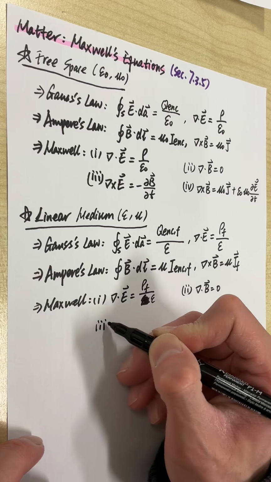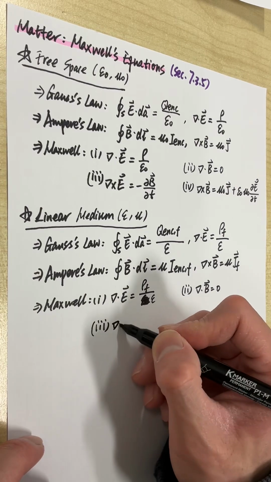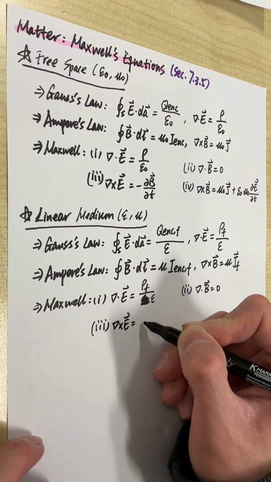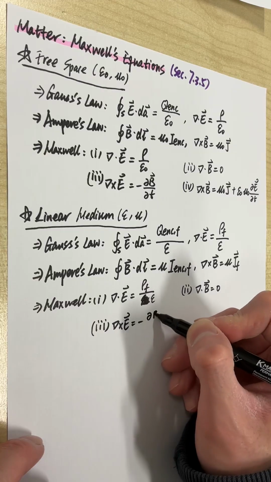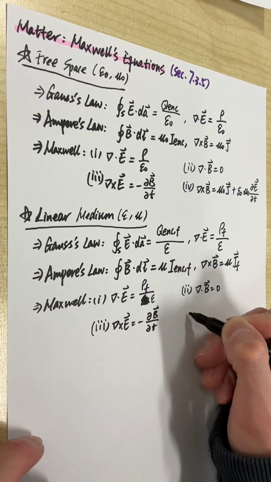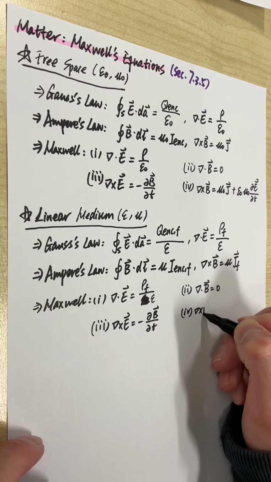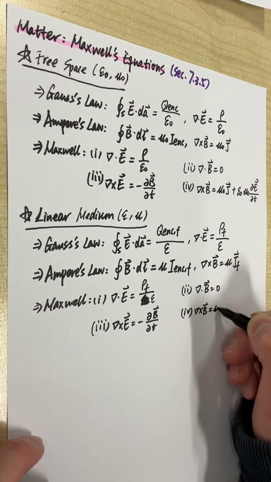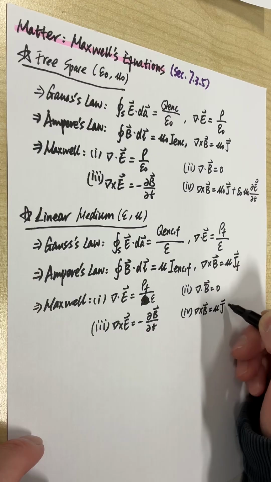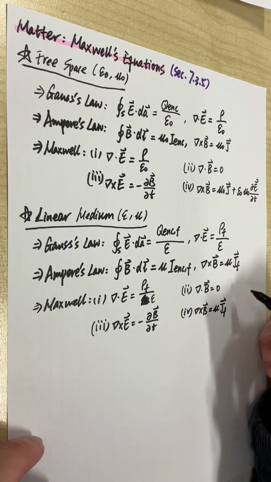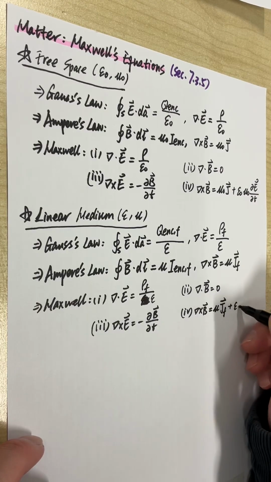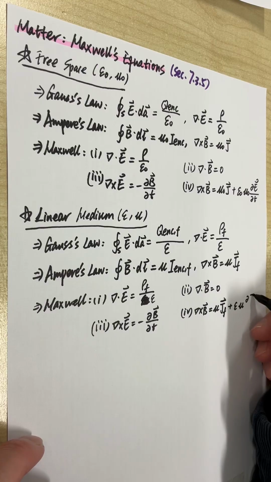And then third is the curl of E, the same, minus dB/dt. And the fourth will need modification, which is the curl of B equals mu times J free, the free current density, plus epsilon mu dE/dt.